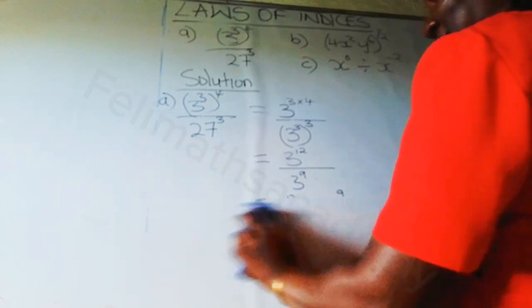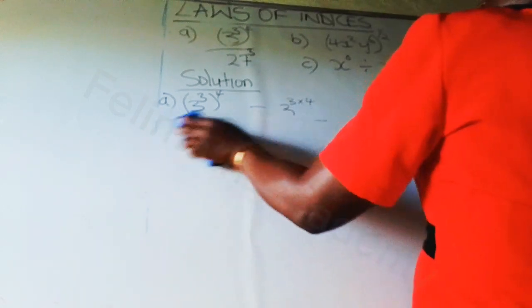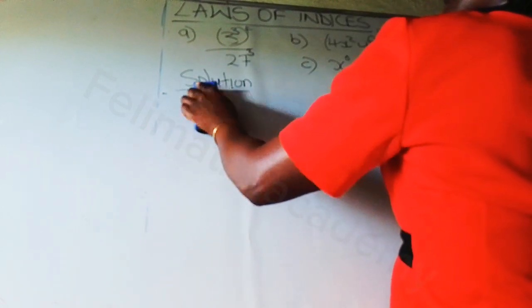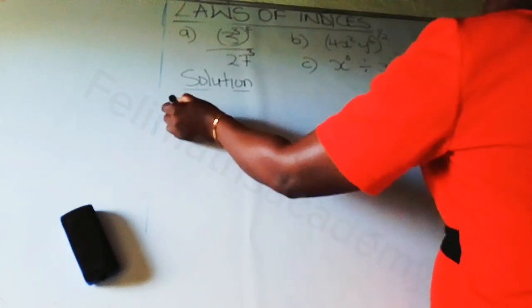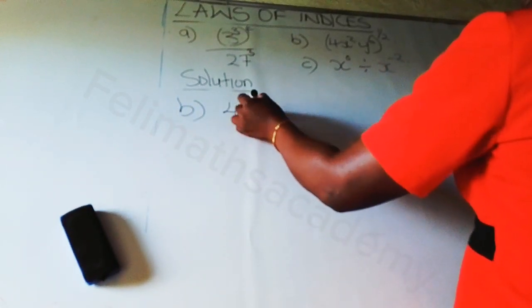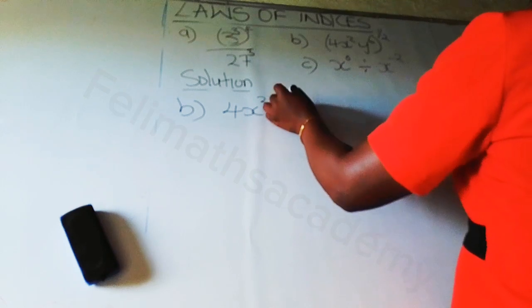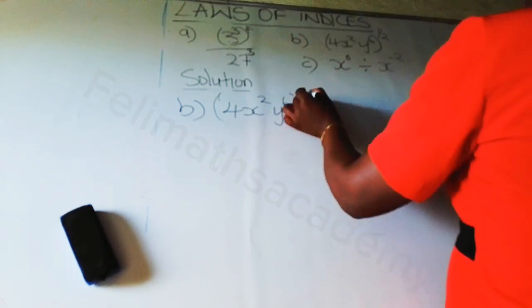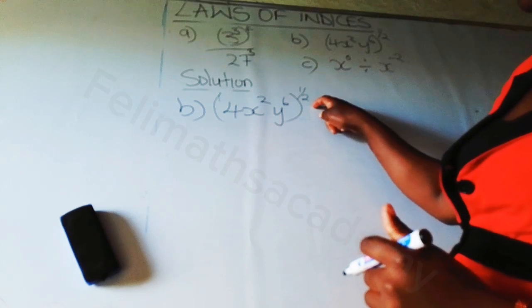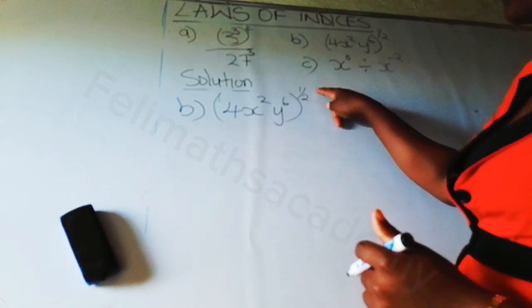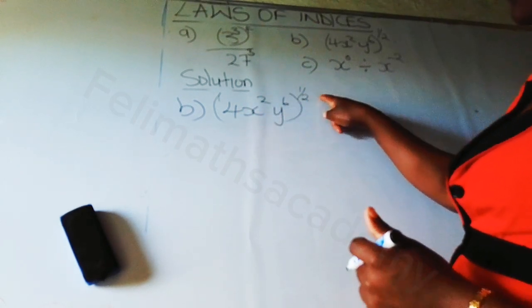For the B part, 4x squared y to the power of 6 to the power of half. Now, 4 is raised to the power of half. This x squared is raised to the power of half.